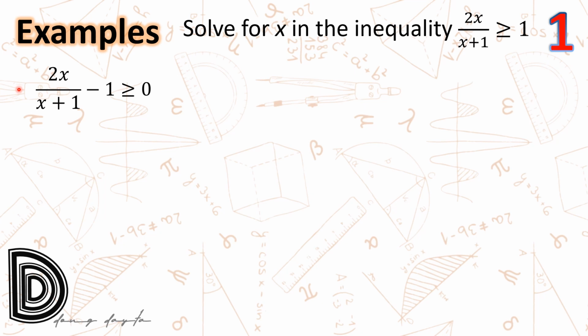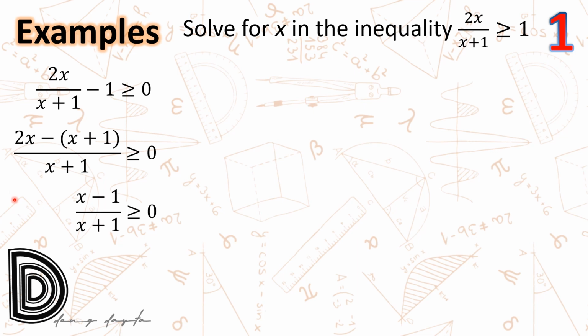And then rewrite the left-hand side as a single rational expression. LCD is x plus 1. Then we will have 2x minus quantity x plus 1 all over x plus 1 greater than or equal to 0. Getting rid of the parentheses and resolving the numerator, we will have x minus 1 over x plus 1.